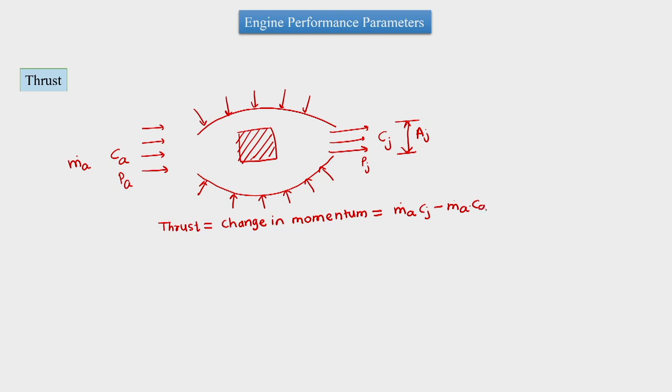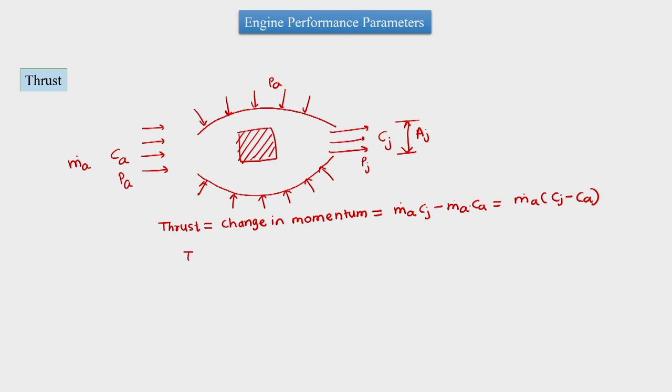So m dot A into (Cj minus Ca) is the thrust produced by the engine. Further, we are assuming here that the pressure at the exit of the jet is almost equal to atmospheric pressure, or this is almost a static thrust.